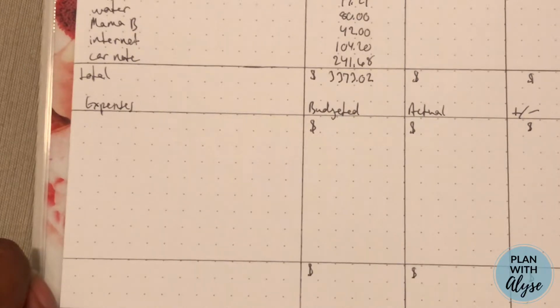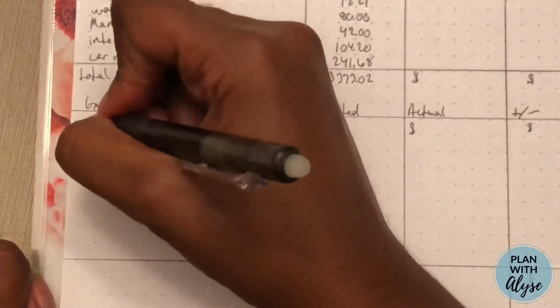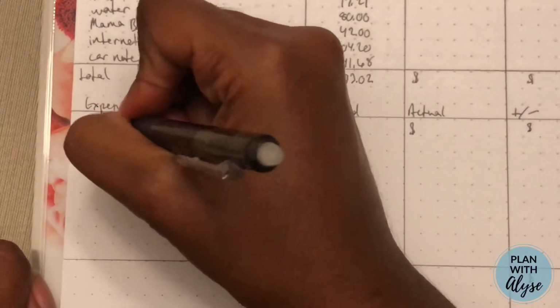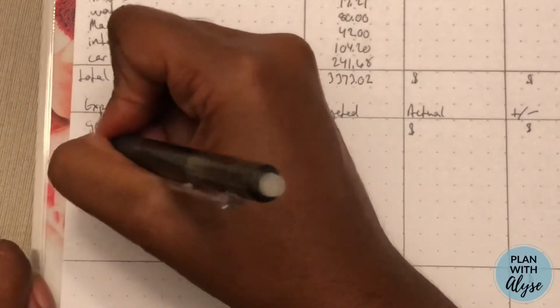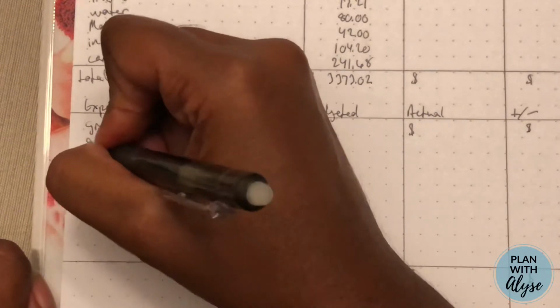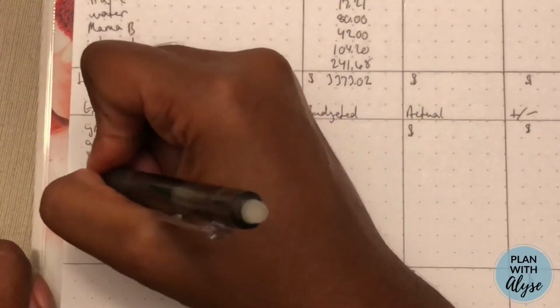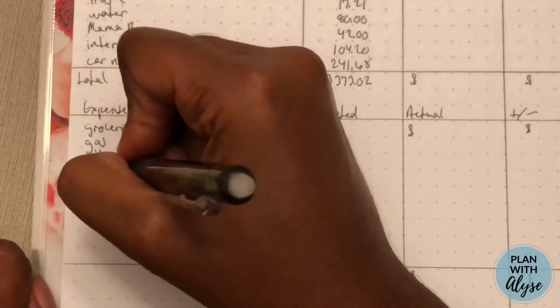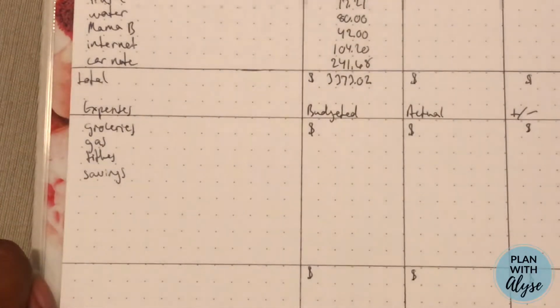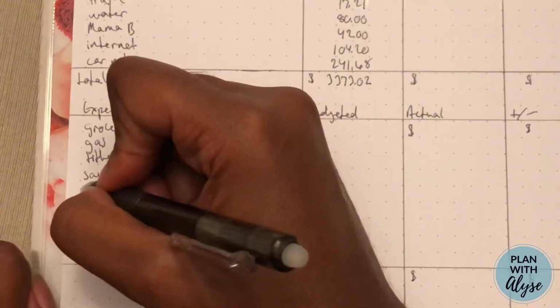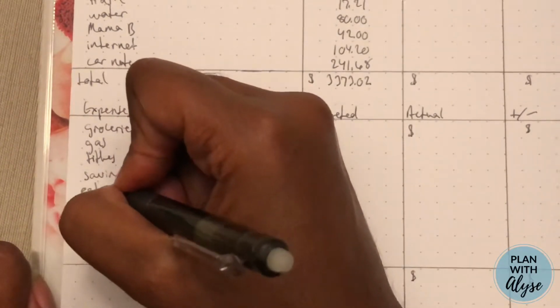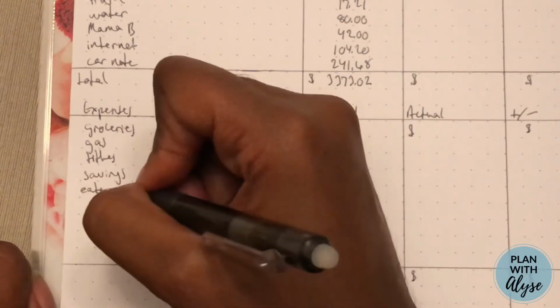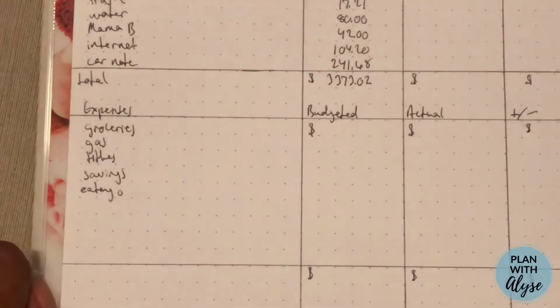So I'm still gonna put groceries by itself, gas by itself, tithes, savings. I'll leave eating out. Wait, I think it might be enough spaces.